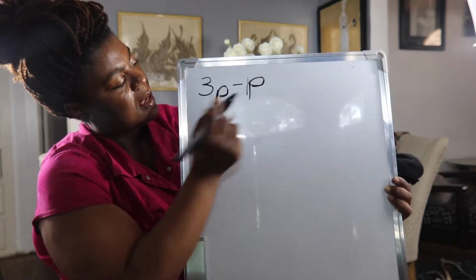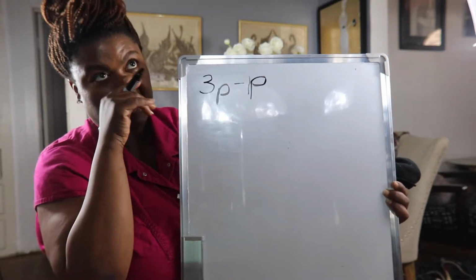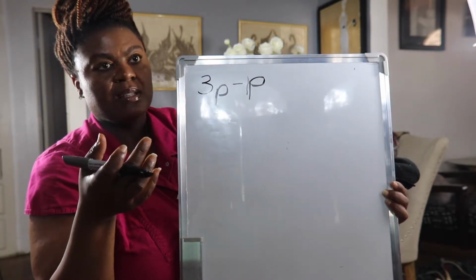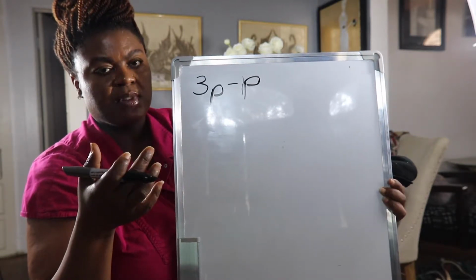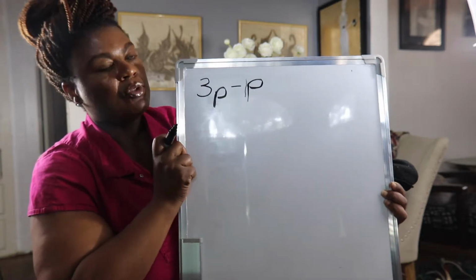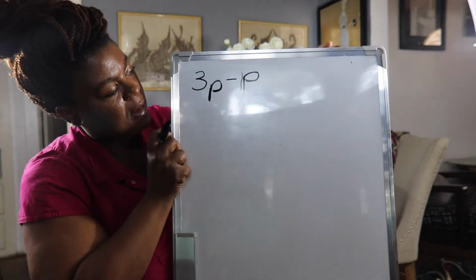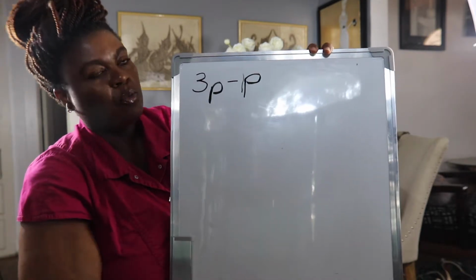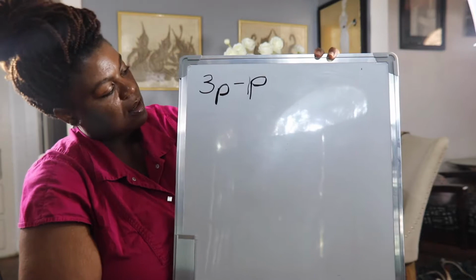We don't write it, or in high school algebra, you don't write it because it's implied, you know? We know it's there, it's invisible. But if you do write it, I don't think your teacher would mark you wrong. I wouldn't mark my students wrong. But we do want you to realize that you don't have to write the single p.